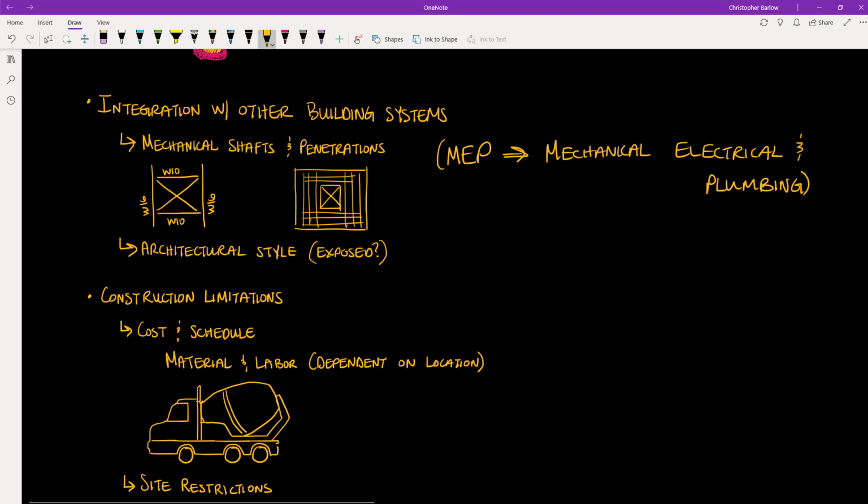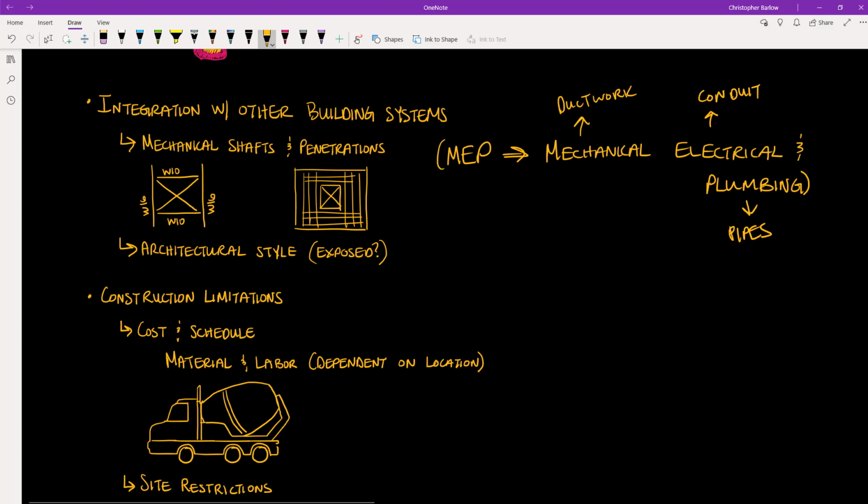Basically the guts of the building. And so mechanical obviously has ductwork, and the electrical will have conduit, and plumbing has pipes. And all of these things will need to puncture different parts of the building.